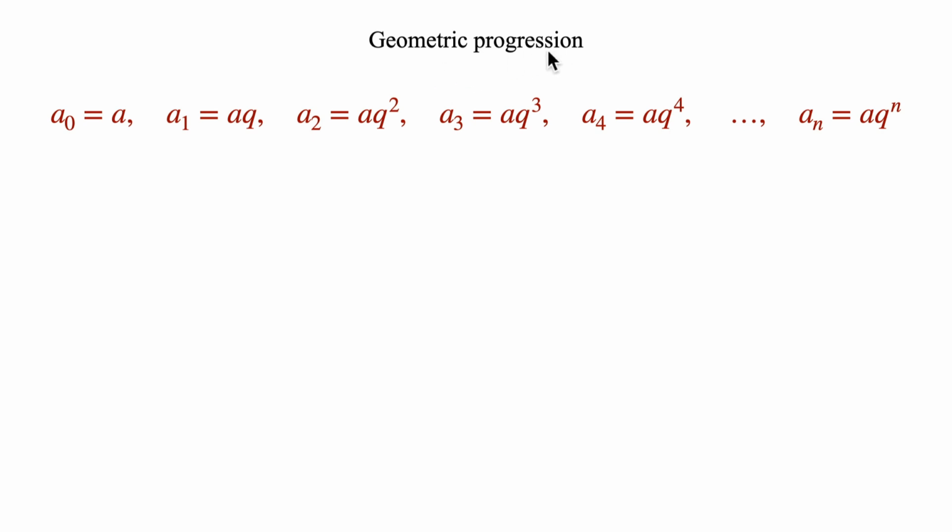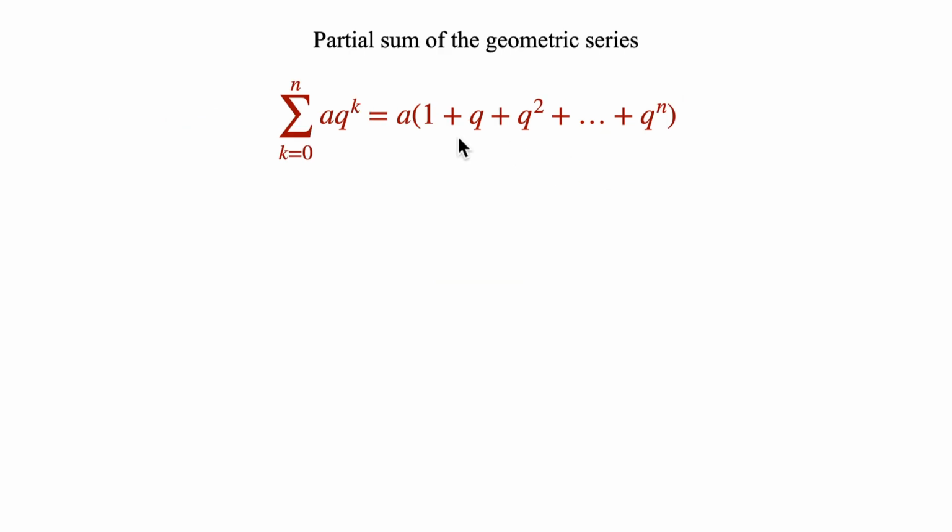So a geometric progression is a sequence in which the quotient of two consecutive elements is constant, equal to this number q. And a geometric series is an infinite sum which is produced as the sum of the elements of such a geometric progression. And now I will show you how to derive the formula for the partial sums of such a geometric series.